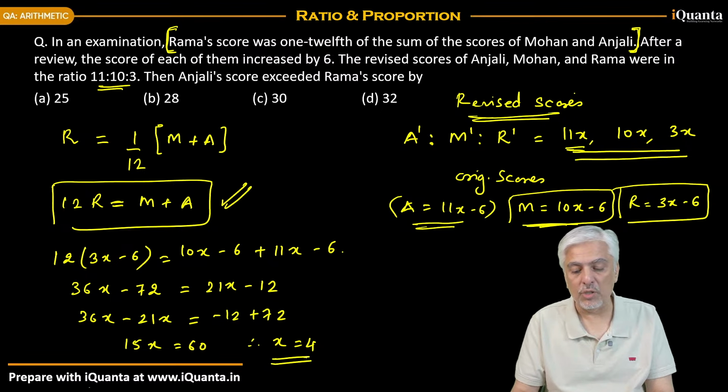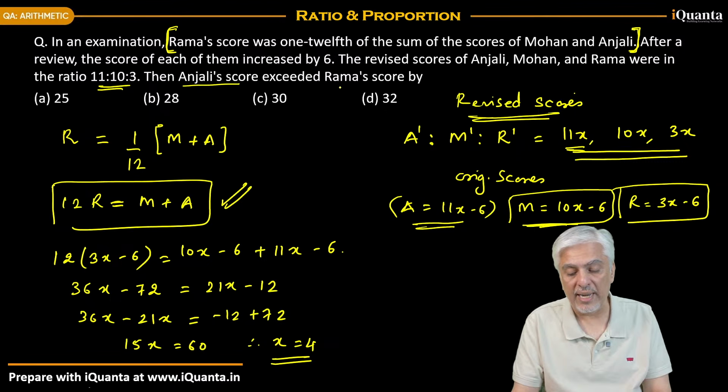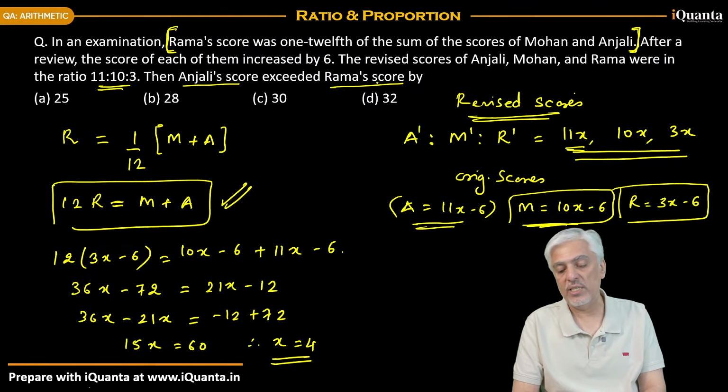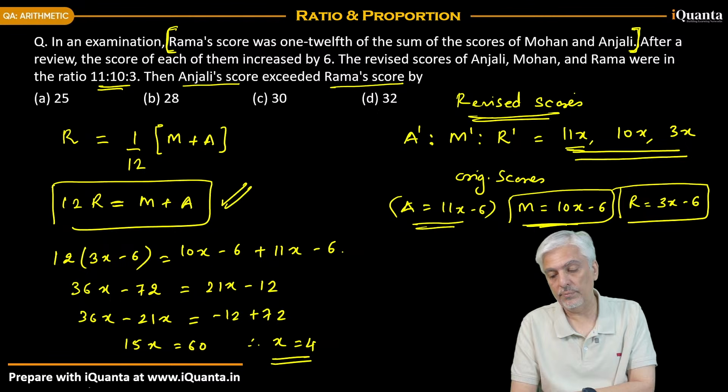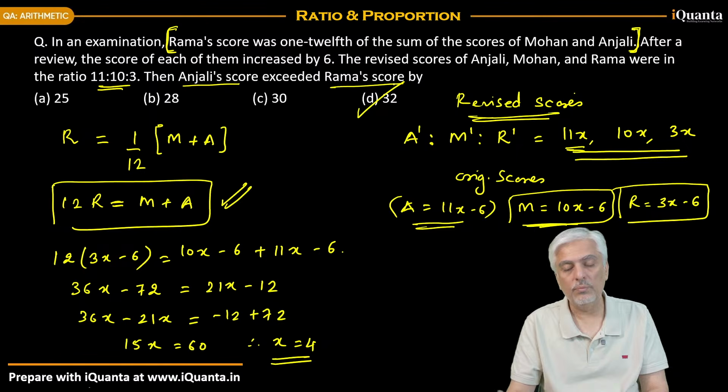What have they asked for? Anjali's score exceeded Rama's score by how much? That means they want the difference between Anjali and Rama. Anjali minus Rama, A minus R. Calculate the score of both. The answer will come out to be 32.